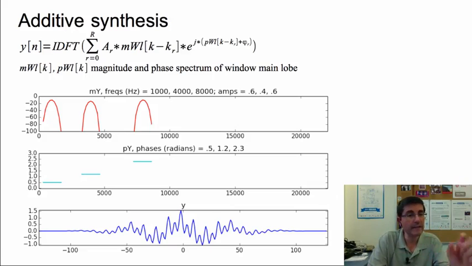So we place the main lobes of the windows in those locations, each one with a different amplitude. We also generate the phases for those main lobes, and we can then take the inverse DFT of this combined spectrum, and we get a signal which is in fact the sum of these 3 sine waves, of course multiplied by a Blackman-Harris window.